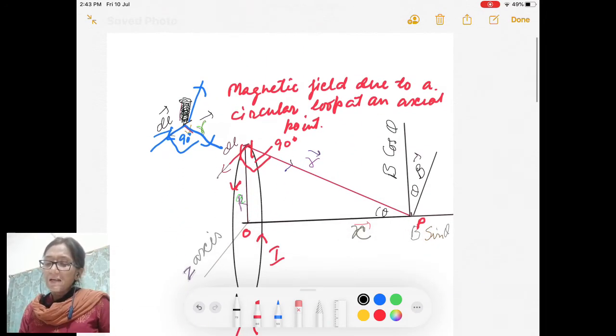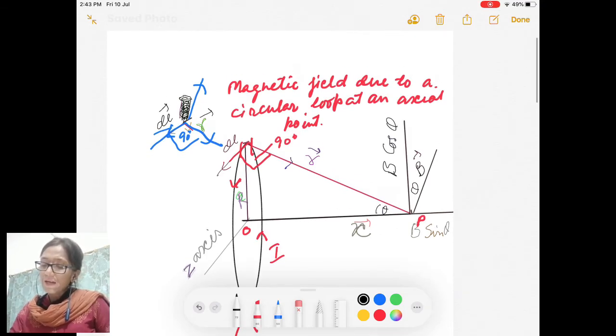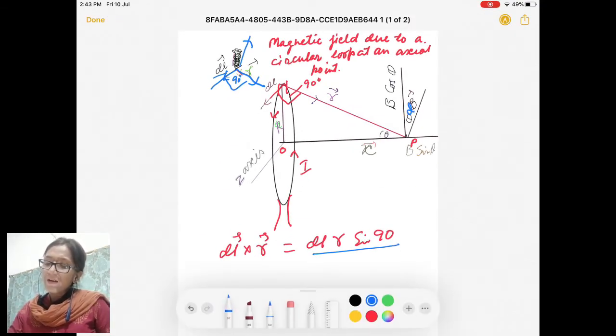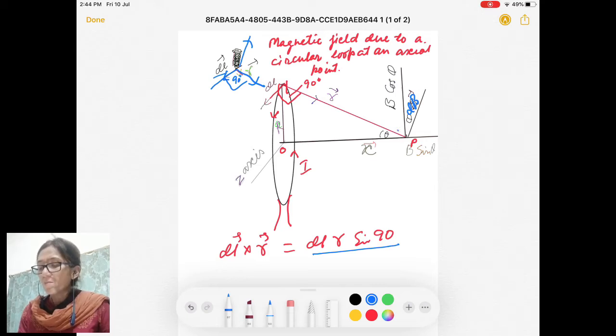Let me come on the diagram. Here you have dl. Here you have dB, because dB will be perpendicular to both the vectors, dl vector and r vector. Now dl vector is already perpendicular because the circle is perpendicular to the plane and dB is on the plane. So in any case dB will be perpendicular to dl. Now with r it should also be perpendicular. This angle should be 90 degree.